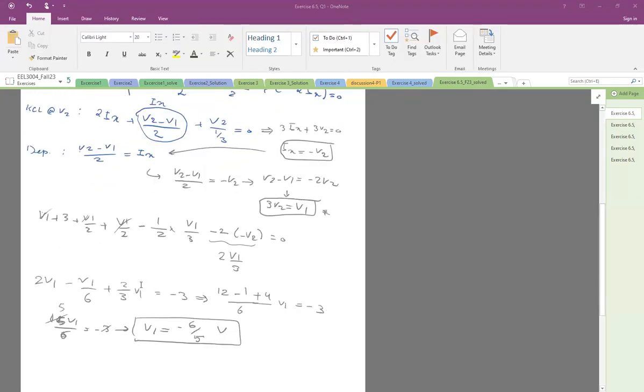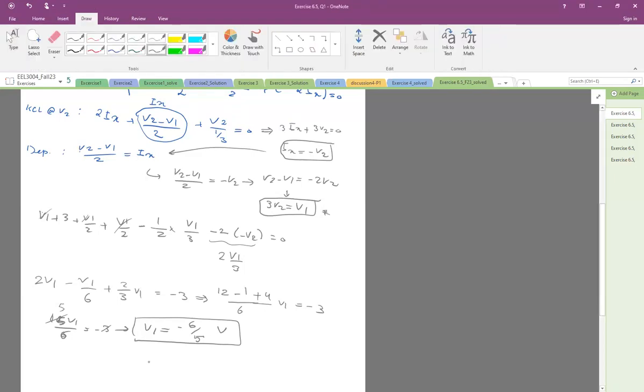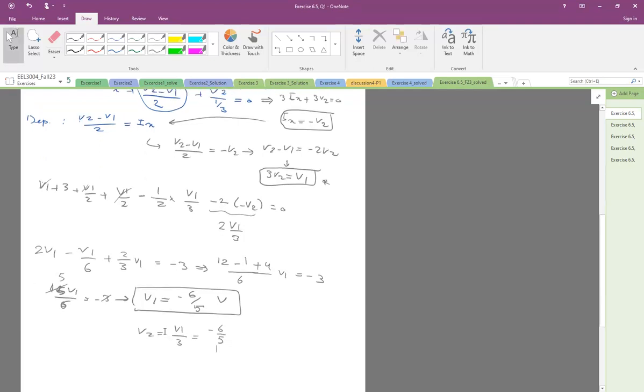Now that I have v1, I can easily find v2 from that equation. v2 is v1 over 3, minus 6 over 5 divided by 3, comes minus 6 over 15, which is minus 0.4 volts.